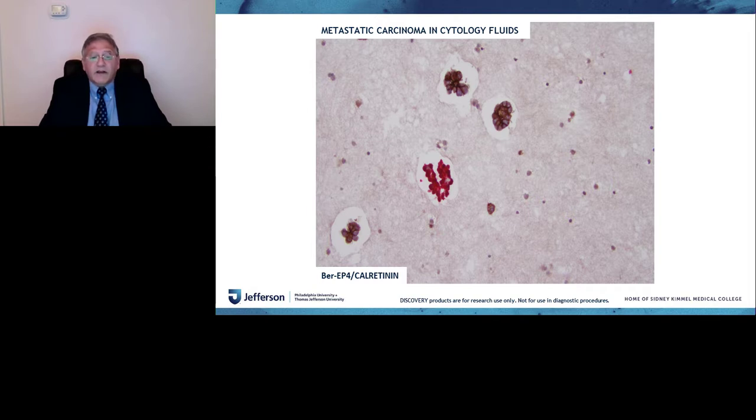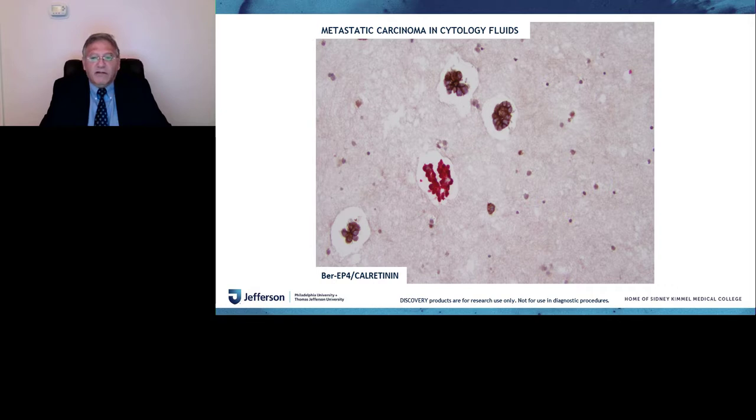Metastatic carcinoma in the fluids. We have a double stain here that we use very commonly in our lab, and this is the BerEP4 calretinin. BerEP4 is an antibody that stains epithelial cells that are not mesothelial.